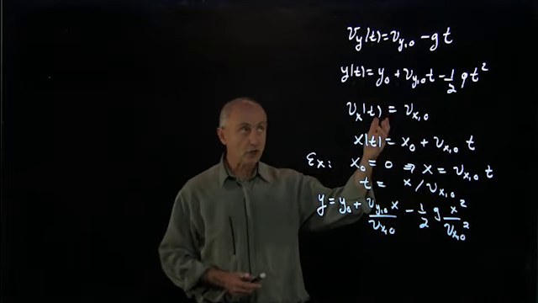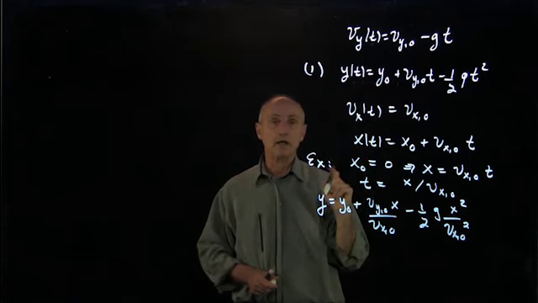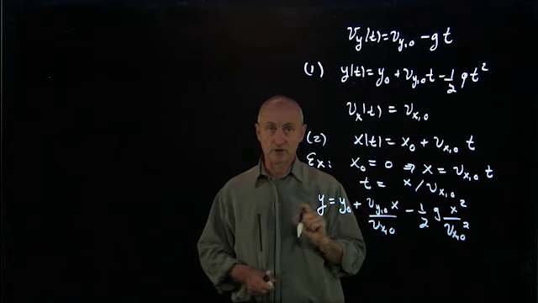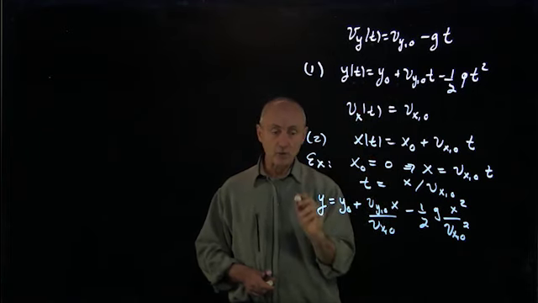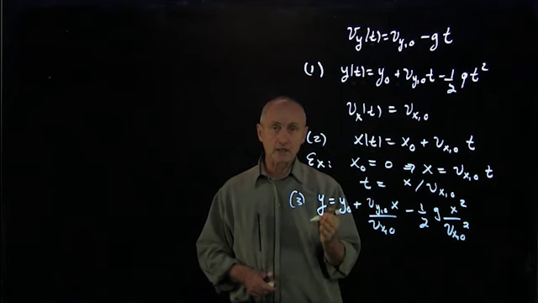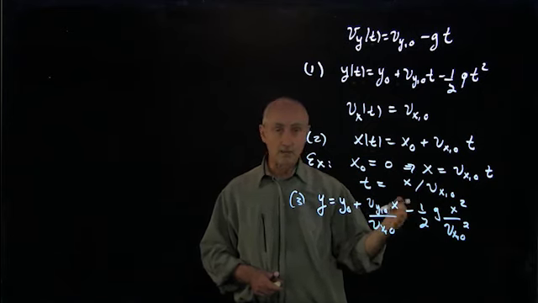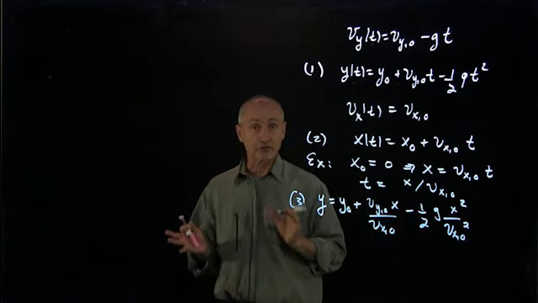When we describe projectile motion, we had an equation describing y as a function of t, an equation describing x as a function of t, the horizontal motion and the vertical motion. And here we have a separate equation which is describing y as a function of x. Notice there is no time involved in this equation. Now let's try to look at graphically what we're seeing here.